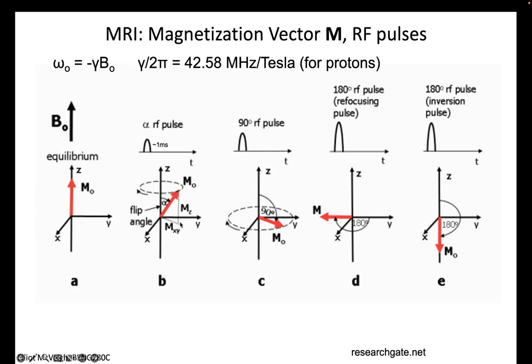And what happens at this point is, if I shut off my RF pulse that made this tip angle, after it's shut off, I have magnetization in the transverse plane, and it precesses around the static magnetic field. Left to its own devices, it just sits there and precesses around that field.